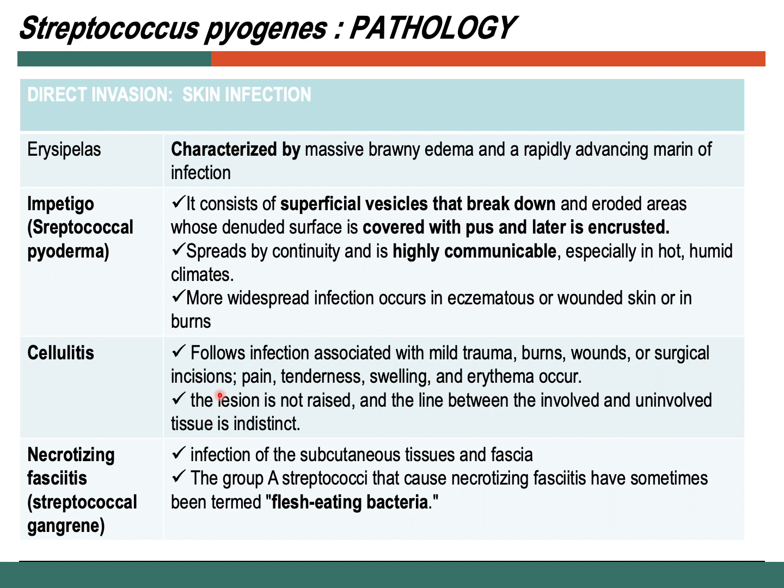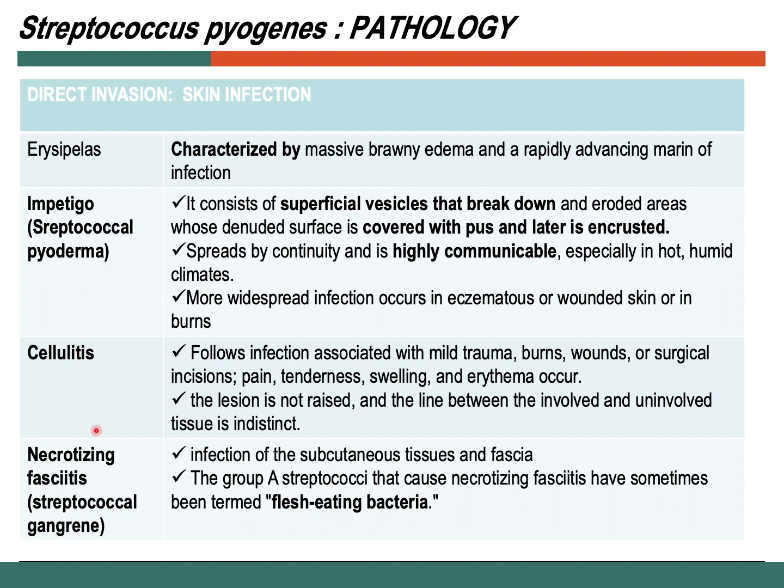Your cellulitis, this follows infection associated with mild trauma, burns, or even surgical incision. For cellulitis, the lesion is not raised and the line in between the involved tissue is indistinct. For cellulitis, still, this skin infection is contagious. Okay.